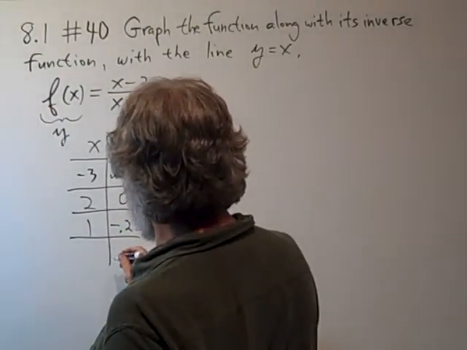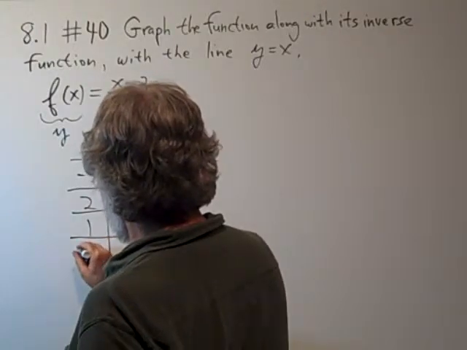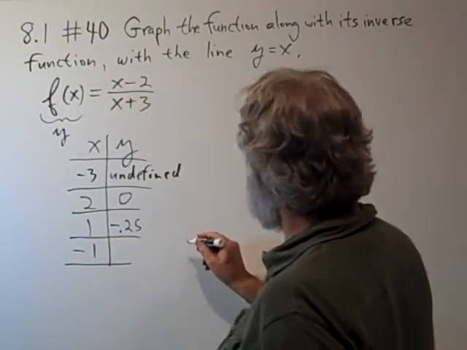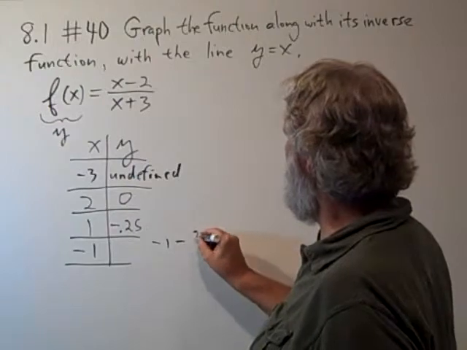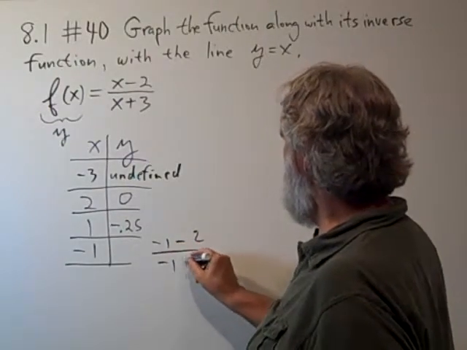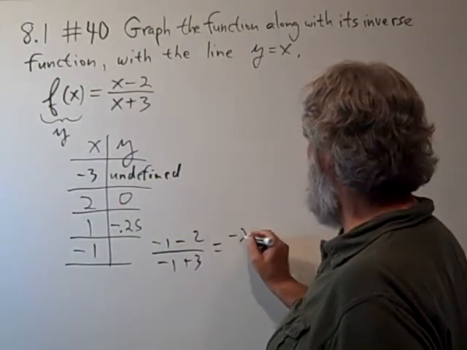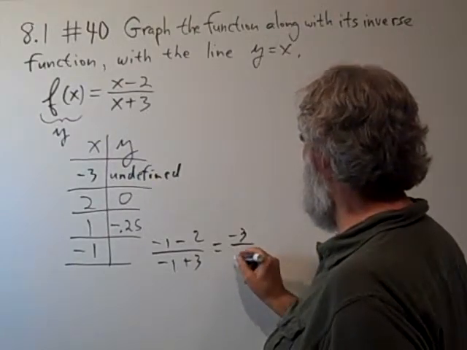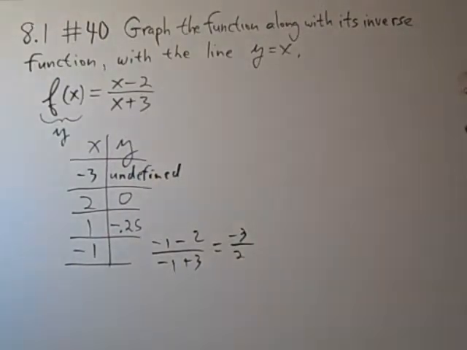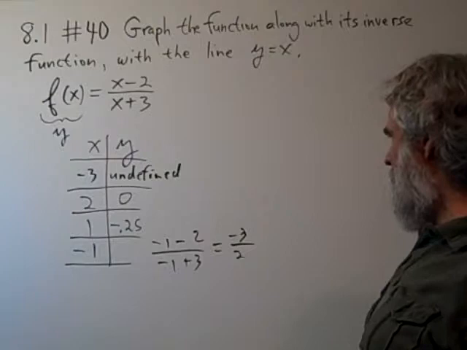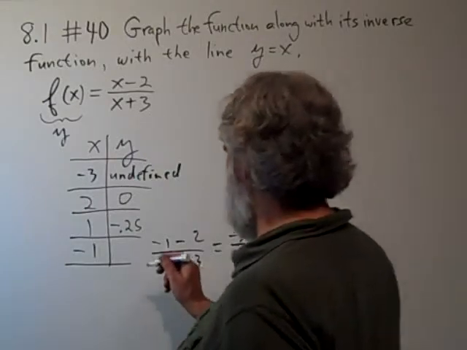And what if x was equal to negative 1? If x was equal to negative 1, then it's negative 1 minus 2 over negative 1 plus 3. Negative 3 divided by 2 is negative 3 halves, which is negative 1.5.